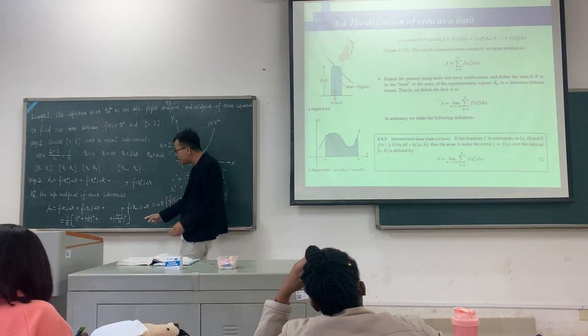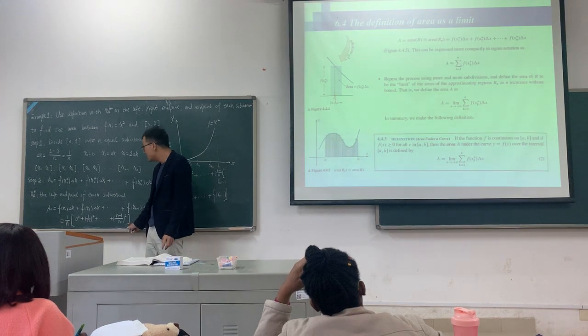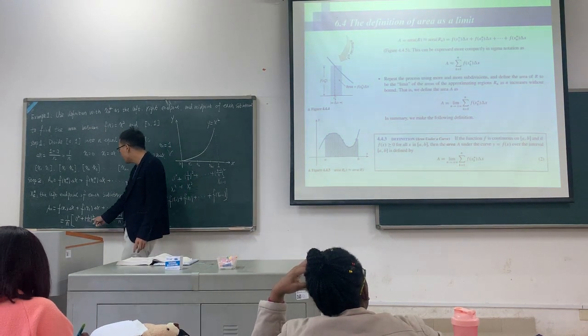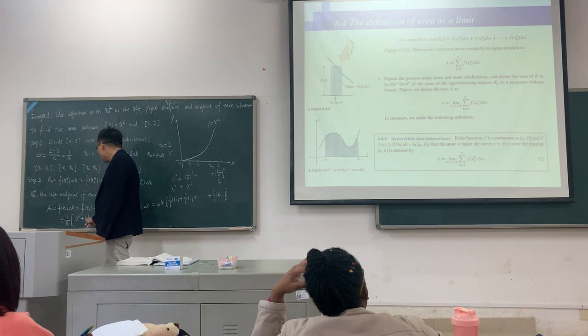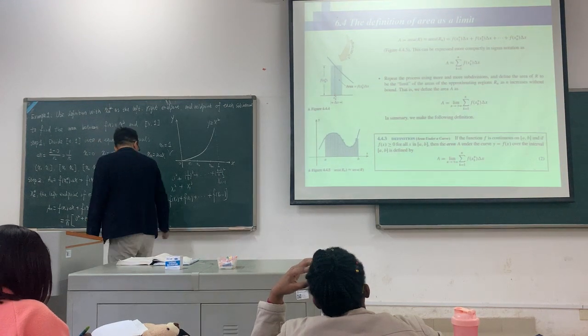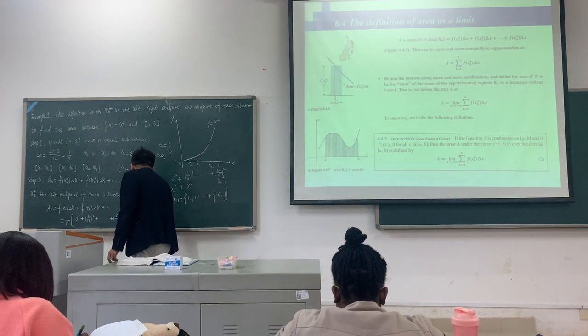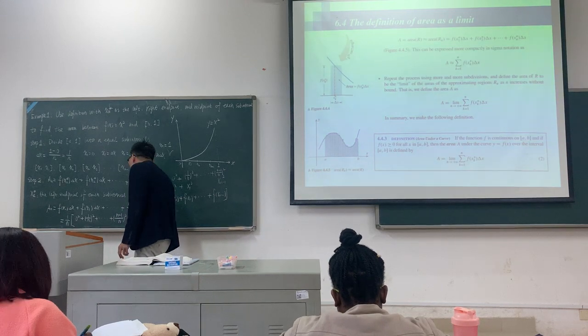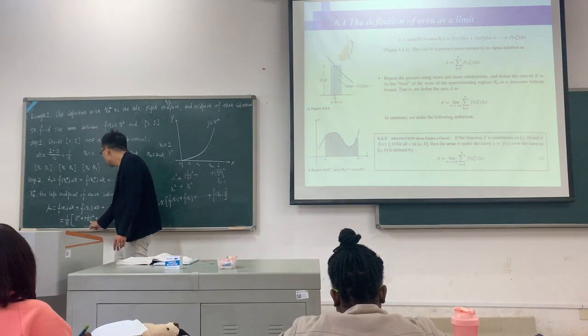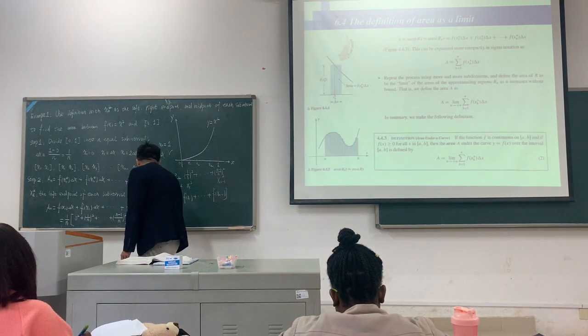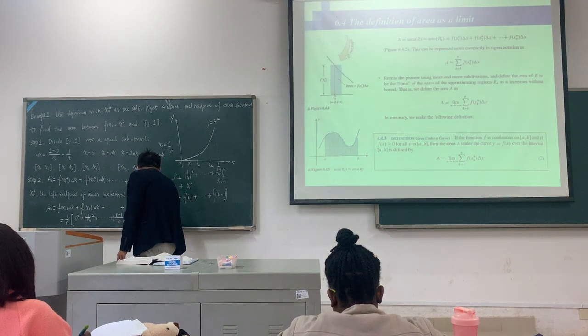We need to find this sum, okay? So here we open it. Actually here is equal to 1 by n. So 0 squared is 0. So 1 by n squared actually is 1 squared by n squared, yeah?